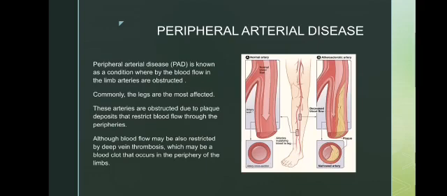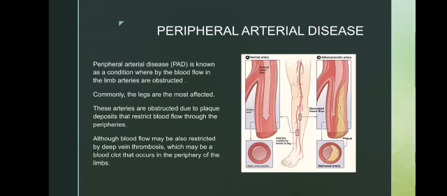Peripheral artery disease is basically a disease in which the blood flow in the limb arteries is obstructed. As you can see in the picture on the side, in a normal artery the lumen is wide and the flow is normal, and in the diseased artery, due to atherosclerosis, the lumen is narrowed and the blood flow is decreased.